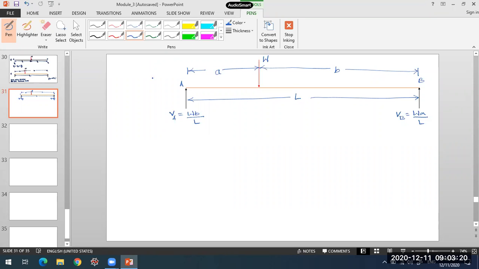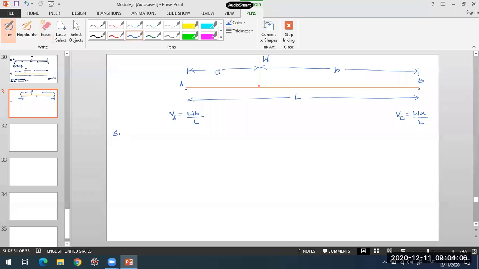After this, if you have calculated the reactions, can you confirm these are the reactions you get? I hope you have got the same reactions if you have tried solving this.